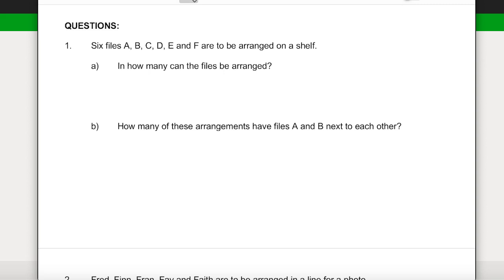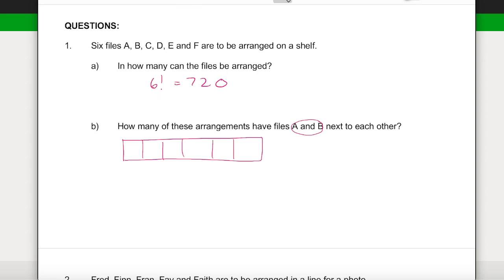6 files, A, B, C, D, E and F, are to be arranged on a shelf. How many ways can they be arranged? Well, there's no restrictions here, so we've got 6 files, so that would be 6 factorial, which is 720 different arrangements of those files. How many of these arrangements have files A and B next to each other? So if we consider those 6 files, we're going to group 2 of those files together.